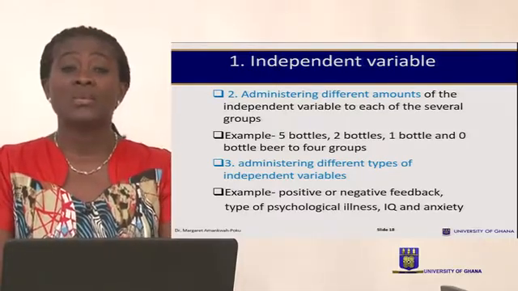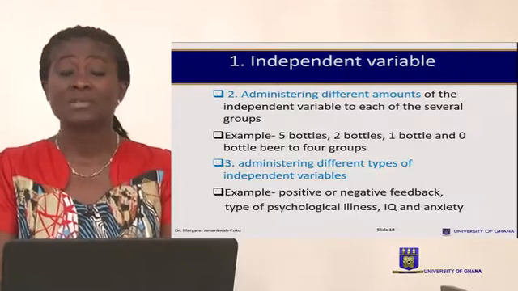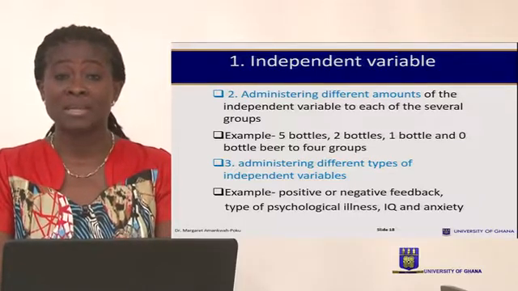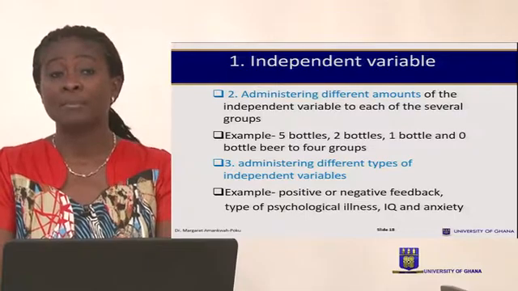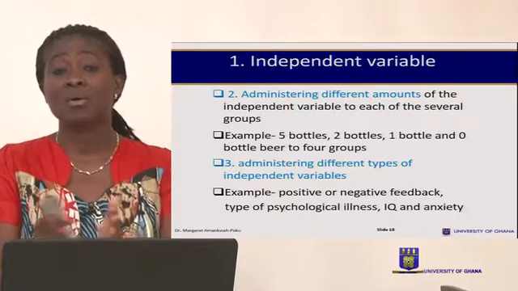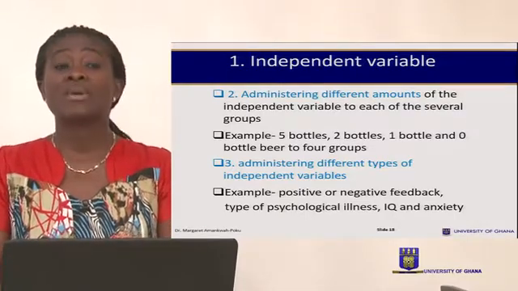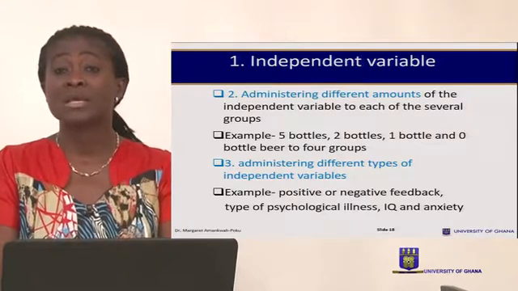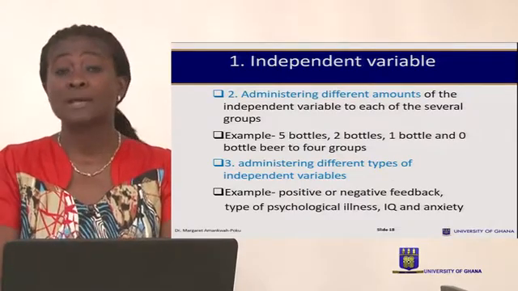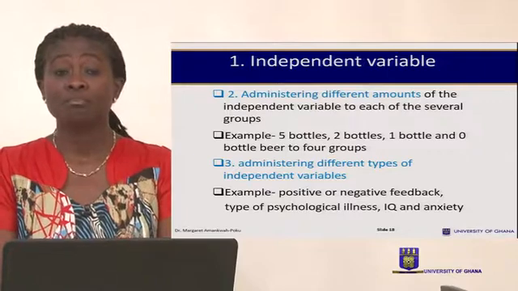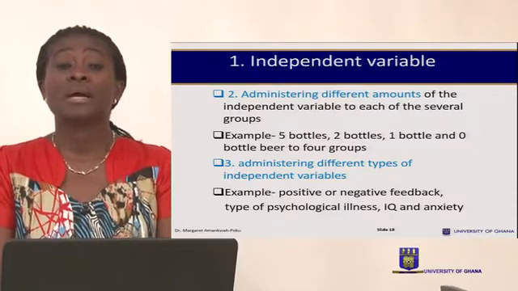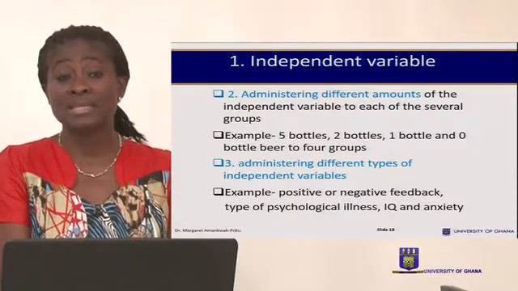Then thirdly, we can also administer different types of independent variables to the participants. So if you take feedback, for example, we have positive feedback or negative feedback. Or if we are testing psychological illnesses, we want to find out how stress can affect people's illnesses. We can look at how stress affects hypertensive patients.